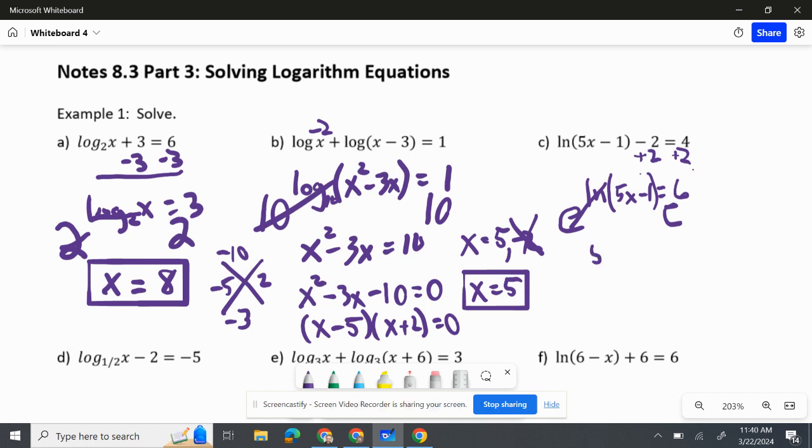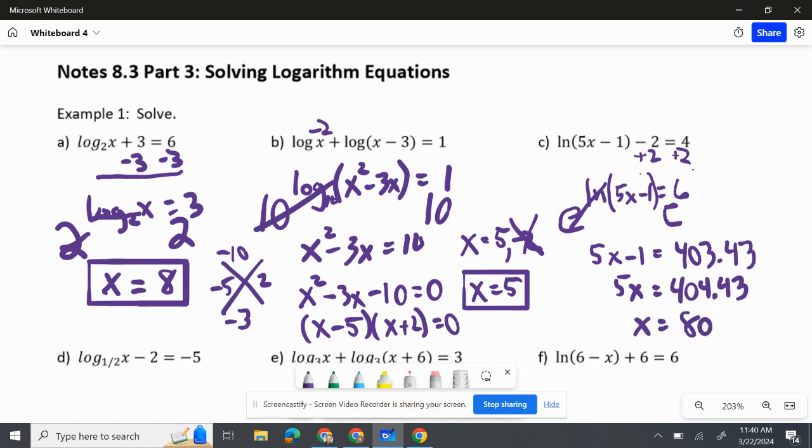So we're left with 5x minus 1 is equal to e to the 6th power, which is 403.43. I'm going to add the 1, and that gives me 404.43, and I divide it by 5 to get 80.89.